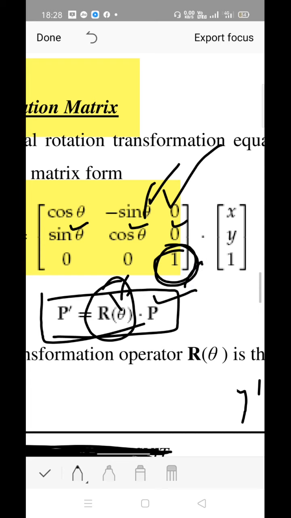Similar to that, here P dash is equal to R of theta, the rotation matrix, in multiplication with the original point P.